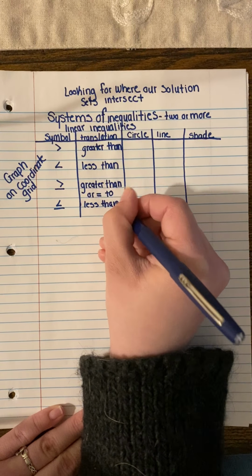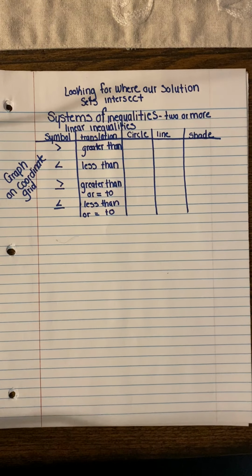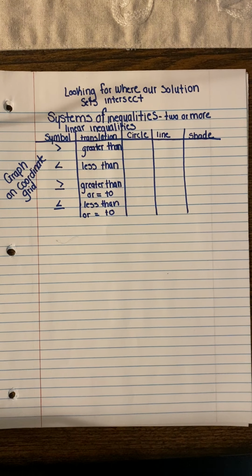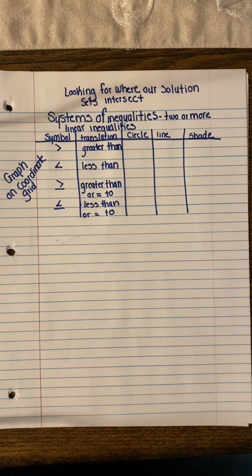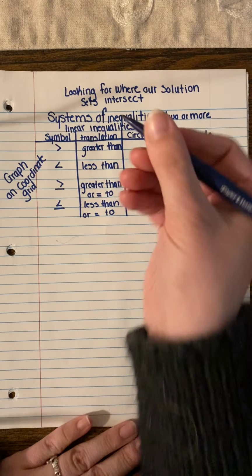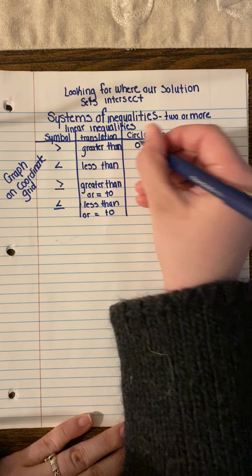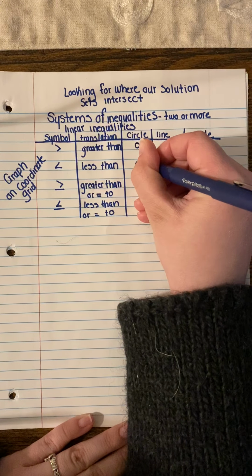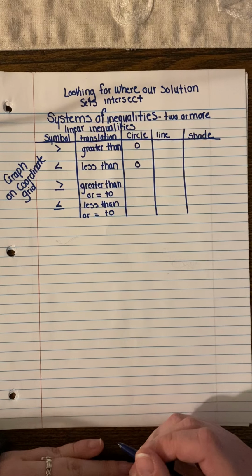Okay, good. So we know our symbols. We know what they mean in words. Now, you should remember from last year what type of circles they have. If I have a greater than or less than, they have the same circle type when we graphed on a number line. And that circle type was an open circle, which means that solution is not included, okay?